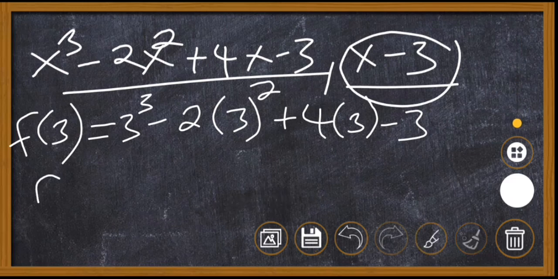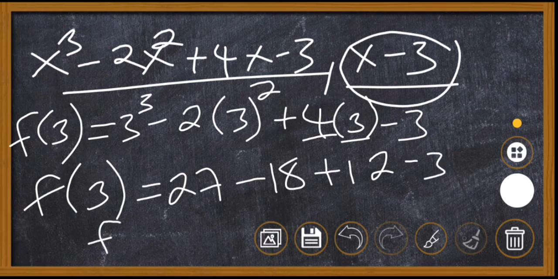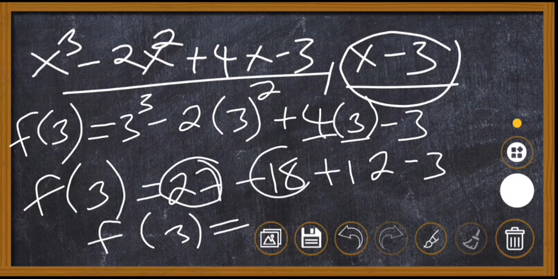In this case we have our function equals 3 power 3, it's 27, then minus 2 times 3 raised to power 2. 3 raised to power 2 is 9, then 9 multiplied by 2 is 18, then plus 4 multiplied by 3 is 12, then minus 3. So what is 27 minus 18?